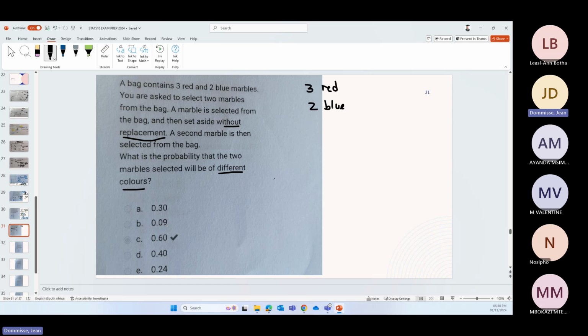This is interesting. So let me just write it. So let's say the first marble is drawn and it's blue. So the probability is 2 out of 5. And then the next one is red. So that's what they're asking, that it's different colors. The probability that it's red then is 3 out of 4.